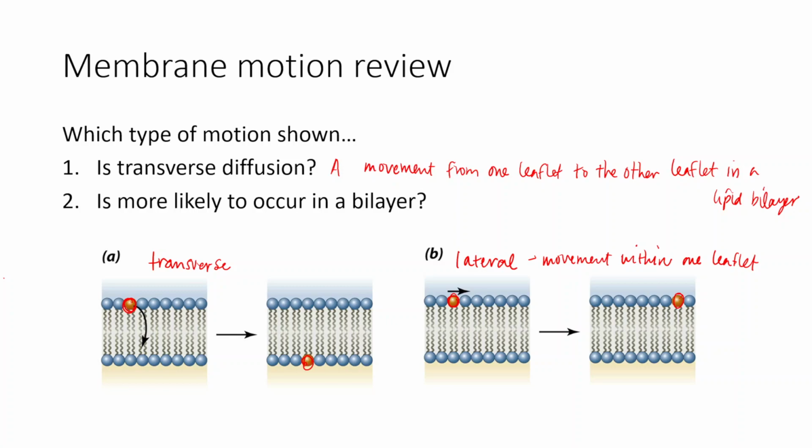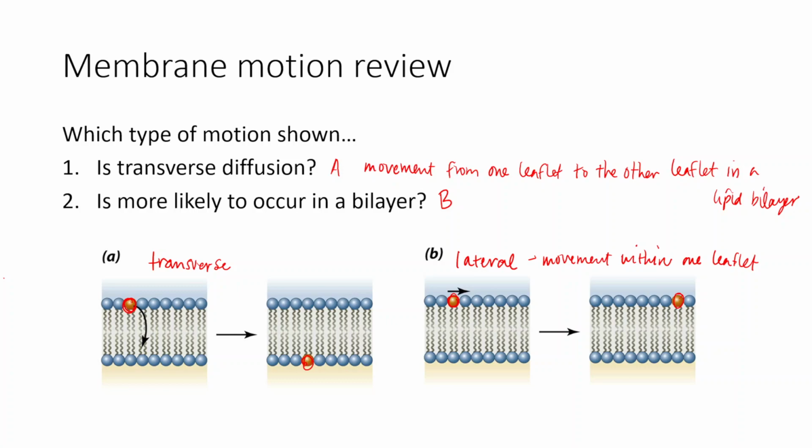Which one of them is more likely to occur in a bilayer? Which one is easier to do? Which one is more work? Lateral. For lateral movement, your lipid is moving from side to side.